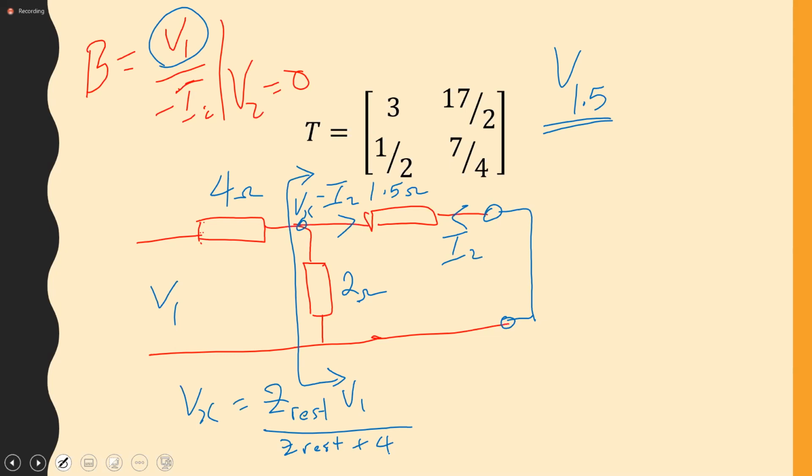You agree with that? Yes, sir. So based on that expression, what is Z rest? What is the impedance for the rest of the circuit? The 1.5 and 2 ohm in parallel.